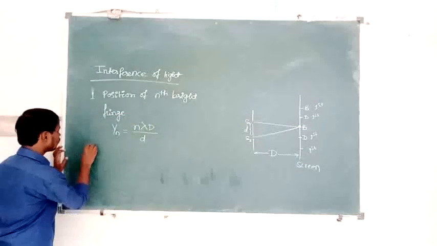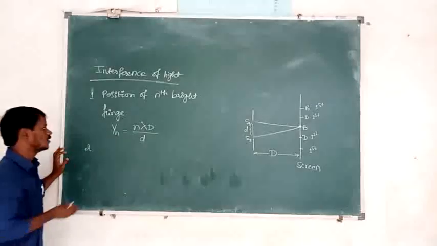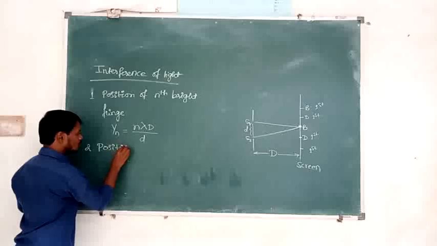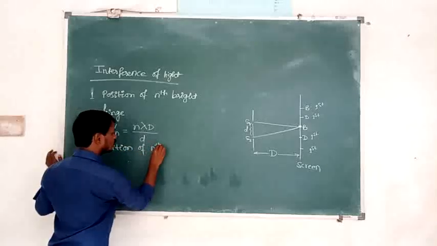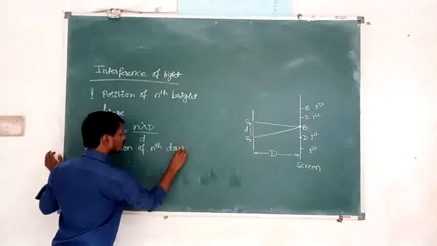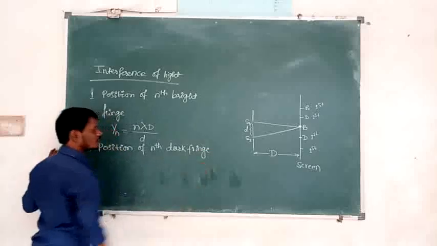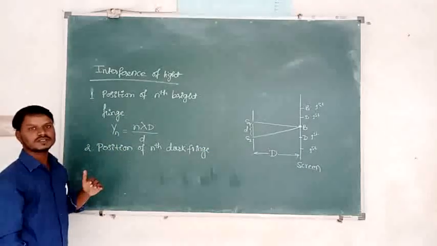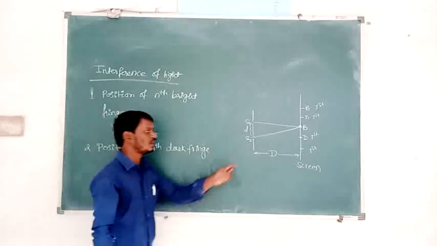Next, what is the formula to find the position of the nth dark fringe? A dark fringe is formed due to destructive interference. Destructive interference means the crest of one wave falls on top of the trough of another wave at a point.